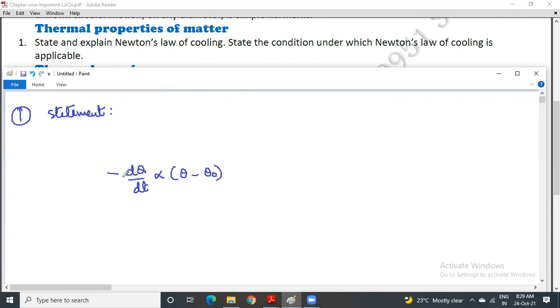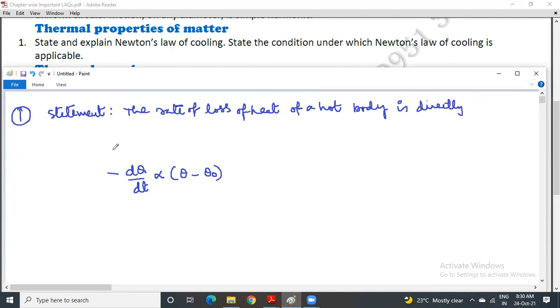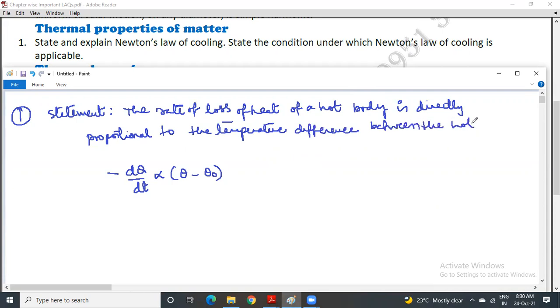So the statement is, look at this, dq by dt is the rate of loss of heat of a hot body, is directly proportional to the temperature difference between the hot body and its surroundings. So this is the equation related to the statement.